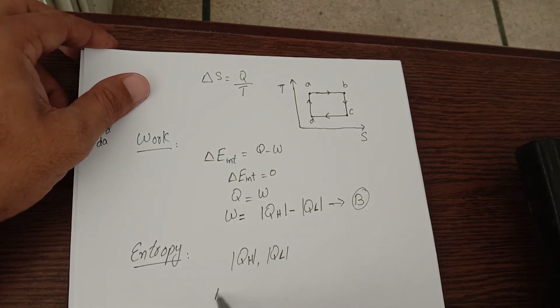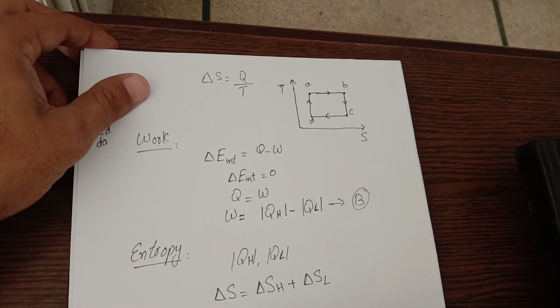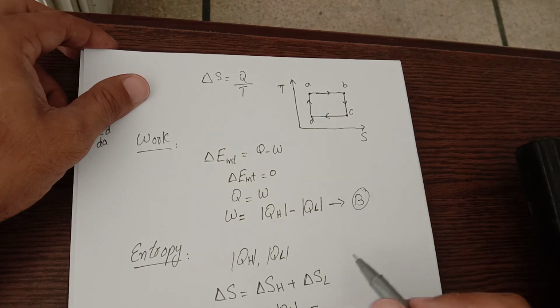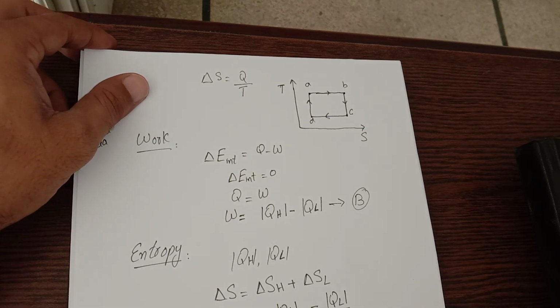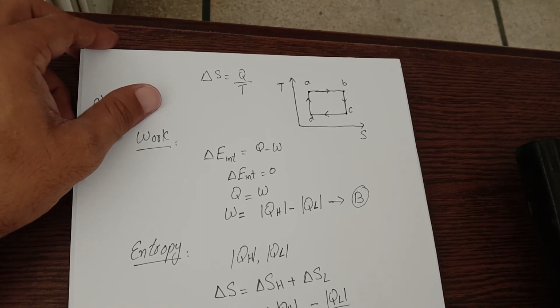So the overall change in entropy should be equal to change in entropy of the high temperature reservoir plus change in entropy of the low temperature reservoir, and change in entropy of the high temperature reservoir is plus QH by T, and since heat is released by the working substance, it should be minus QL by T. This gives me the change in entropy.